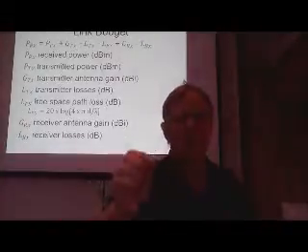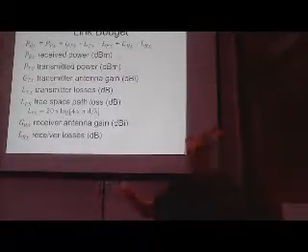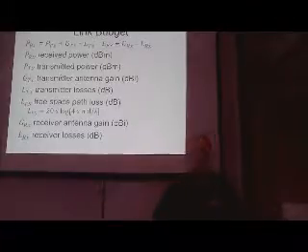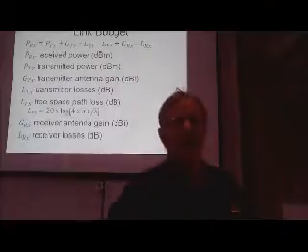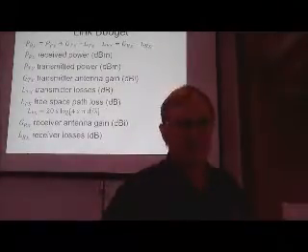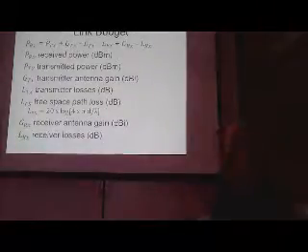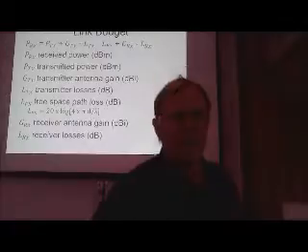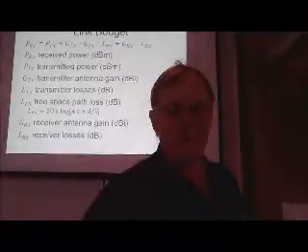Plus the gain at the receiver. So we've got a high gain receive antenna, we make a few dB gain there, minus the loss at the receiver. And then the free space loss is this factor here, which is dependent on the R squared.